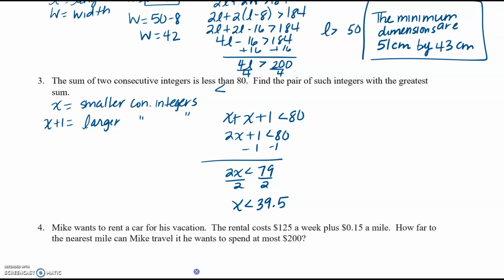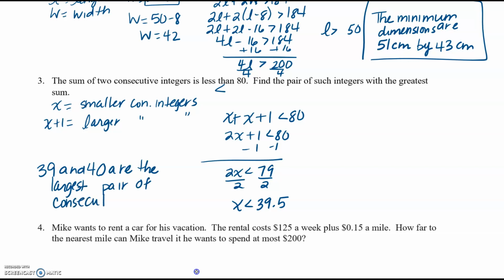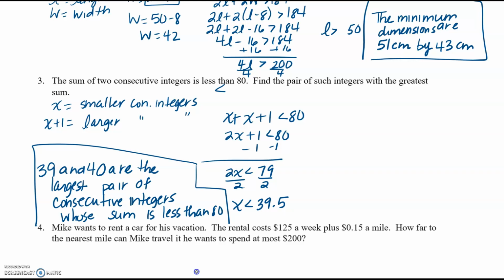So we know that the smaller one can be 39, and the larger is 40, and they are the largest pair. 39 and 40 are the largest pair of consecutive integers whose sum is less than 80. All right, we got that.